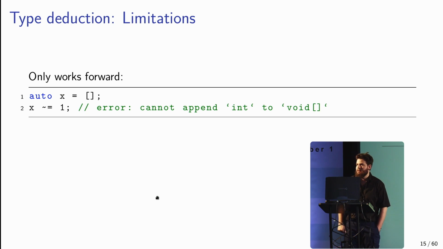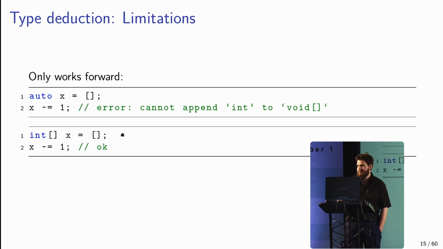Some limitations of type deduction in D. One is that it only works in the forward direction. For example, here we say auto x equals empty array, and then we try to append 1 to the array, and it doesn't work because D thinks x is a void array. And if you say, well, no, it's an int array, then it works out.